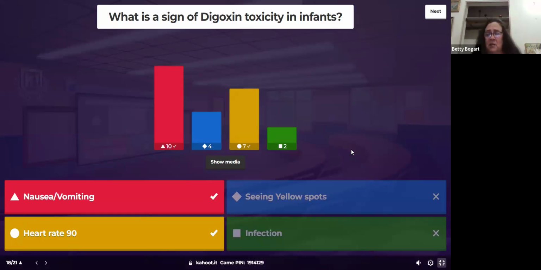How many infants tell you they see yellow spots? You've got to be careful. Look at the questions carefully. Now, they might be a little retchy, which will show you nausea or vomiting. Yes, a heart rate of 90, that is too low. And digoxin has nothing to do with infection. So it's vomiting and heart rate for infants.